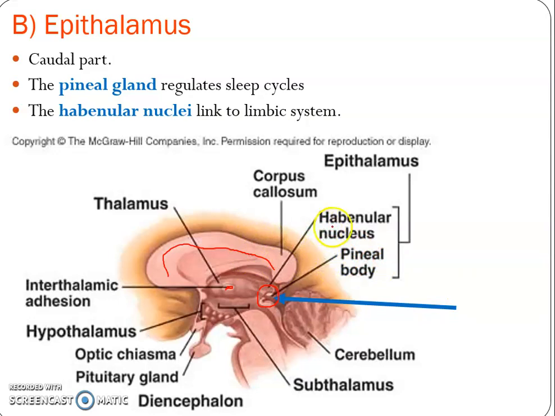Then the habenular nucleus, that actually is a center that has axons coming out of it, so a white matter tract, that connects to something called the limbic system. So the most caudal part: pineal gland and habenular nucleus.